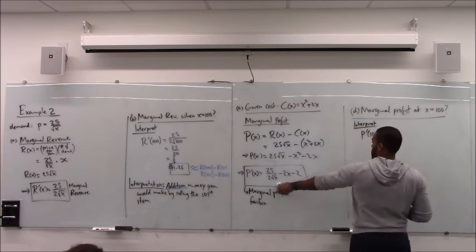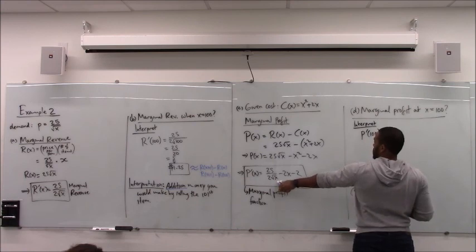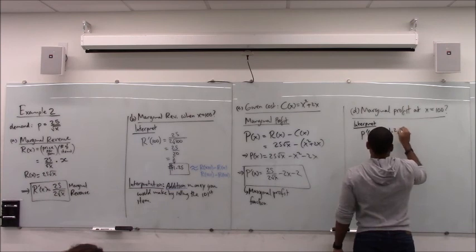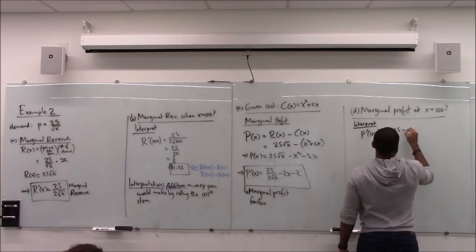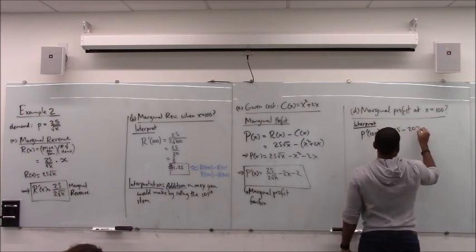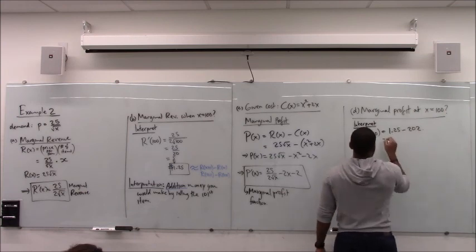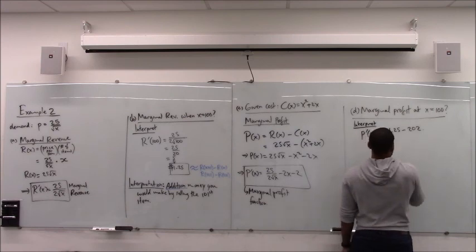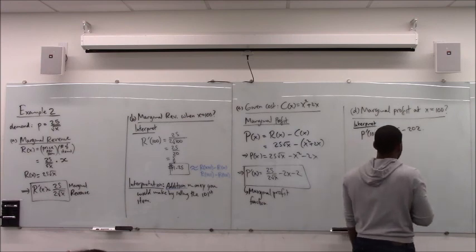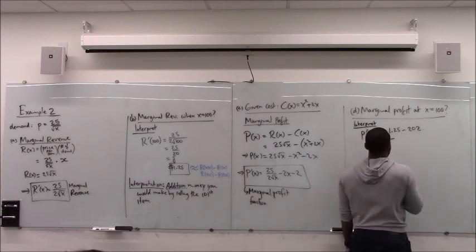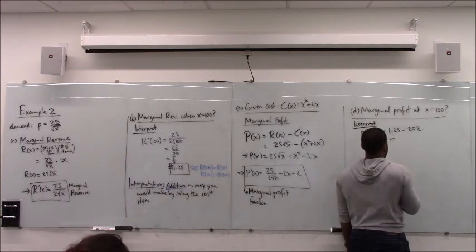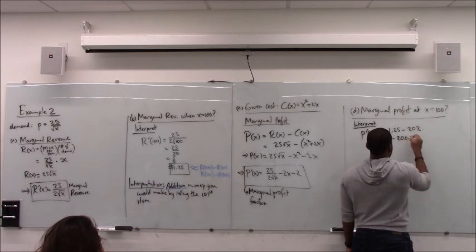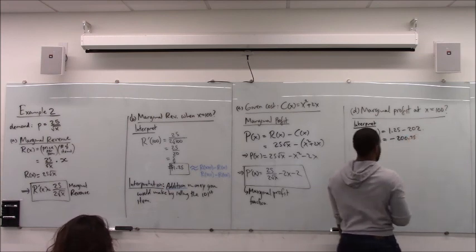So that is going to be 1.25 minus 2.00. That's going to be minus $2. $2 minus $1.25 is 75 cents. 275 cents minus 200 cents.